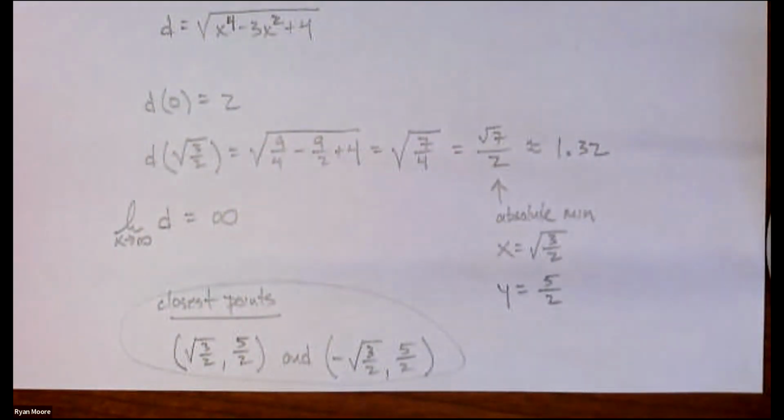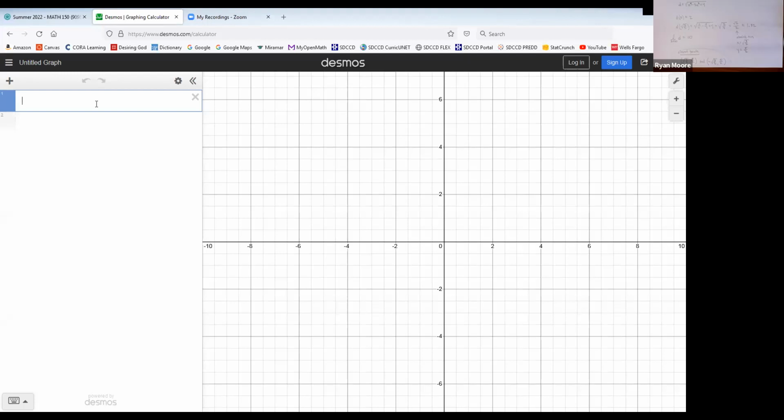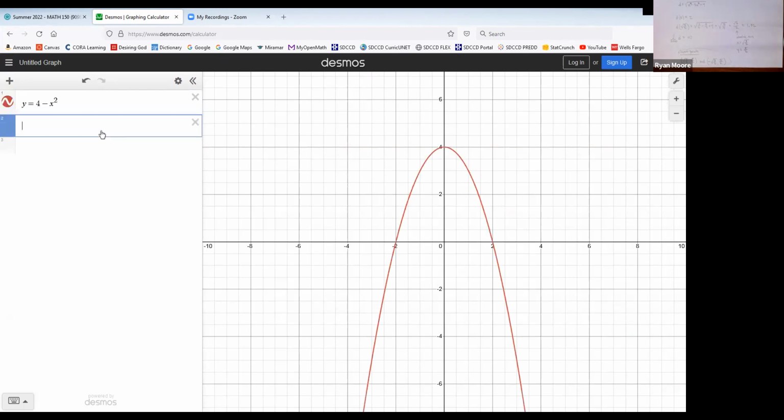Hey, let's really quick, I'd like to graph this over in Desmos. See if I can pull that up. y equals 4 minus x squared. And let's put the point at 0, 2.